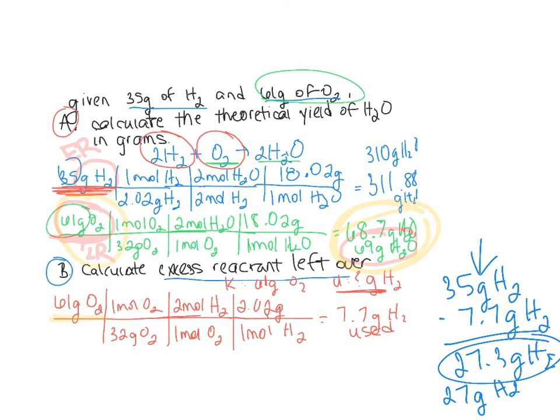You then take your limiting reactant, that is now your known, and you just make your unknown be what you have identified as your excess reactant. When you solve all that, you use your molar mass, you use your mole ratio, everything cancels. You get how much was actually used based on your limiting reactant amount, and then you subtract what you used from the original amount you have to get what you have remaining.